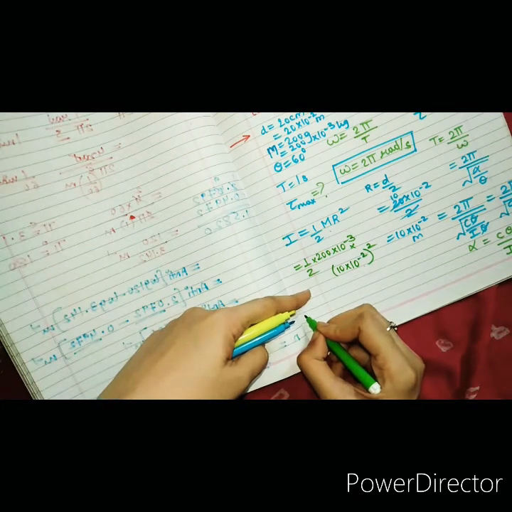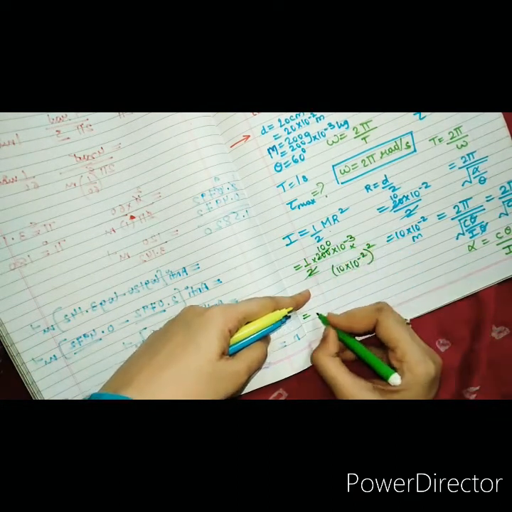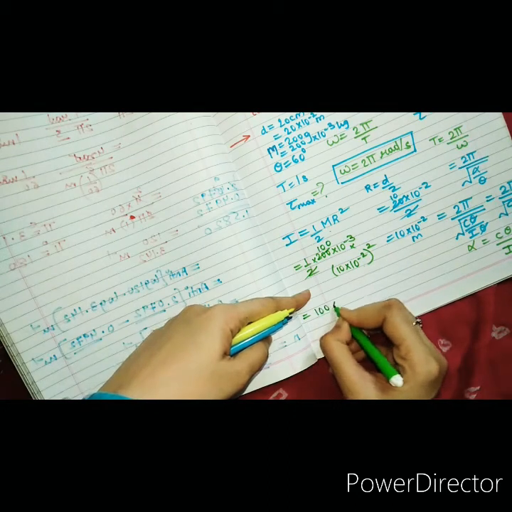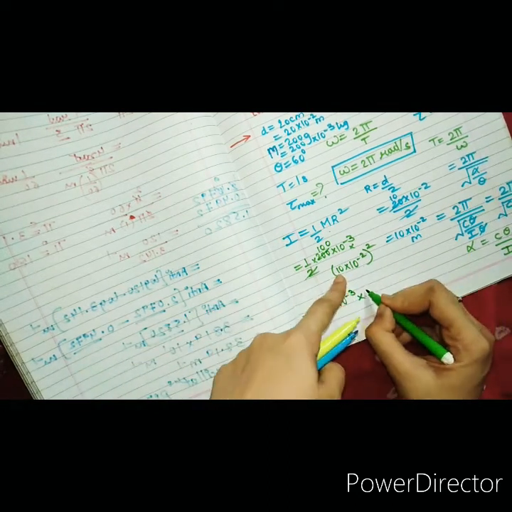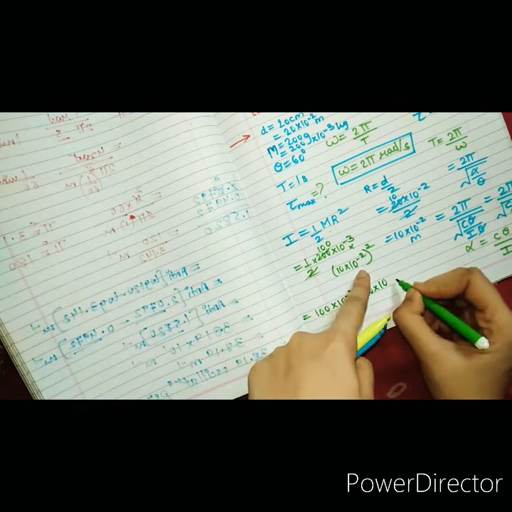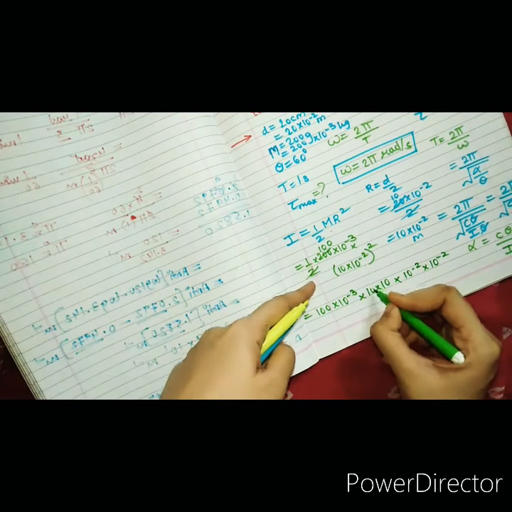Chalo. Now next step, let me cancel this 100. Now what all things I have? 100 into 10 raised to minus 3, 10 into 10 will give me again 100, and 10 raised to minus 2 and 10 raised to minus 2.